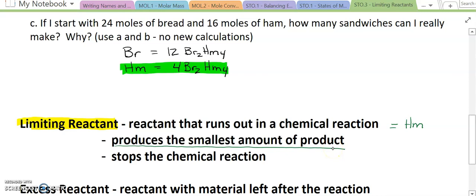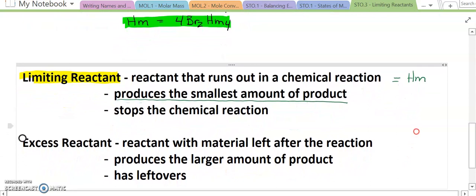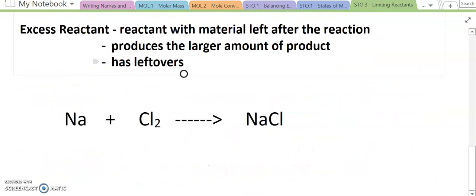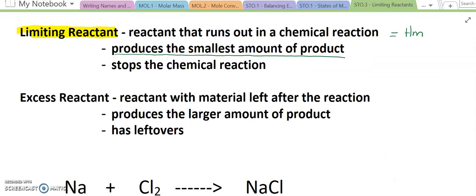So the second term that we deal with is the other ingredient or ingredients. It's the excess. And what do we know about an excess reactant? An excess reactant is the one that's going to have material left after the reaction. I did not use up all of my bread. I still have a bunch of pieces of bread left because I ran out of ham.